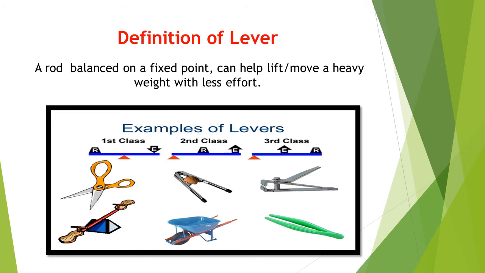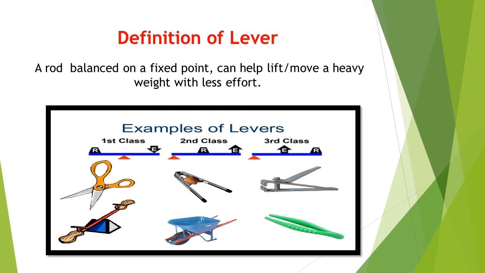Our next example is the lever, and the definition of a lever is a rod balanced on a fixed point that can help move a heavy weight with less effort. There are some examples of levers, and the seesaw is the best example for children because with its help you use less effort to lift things from the other side.